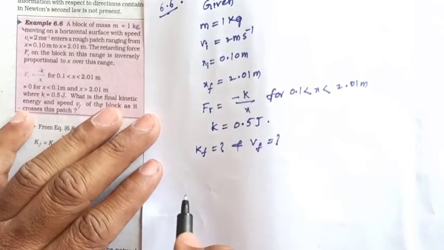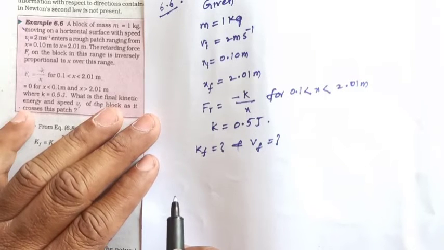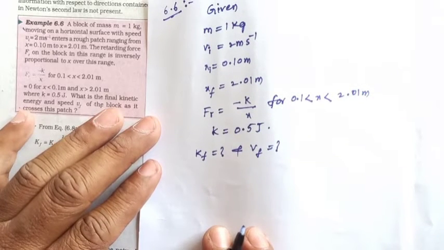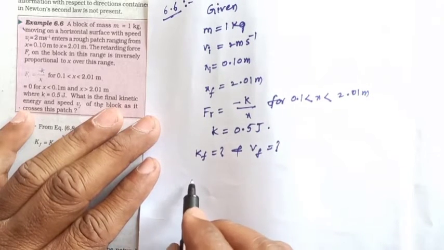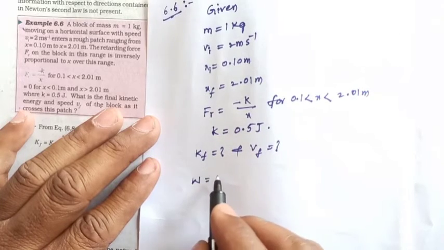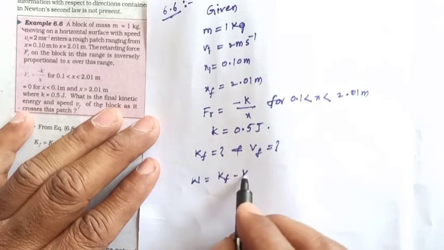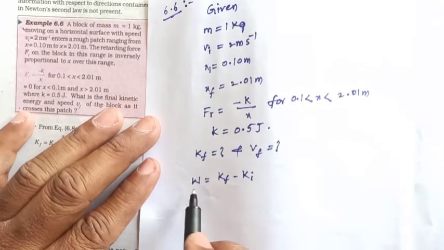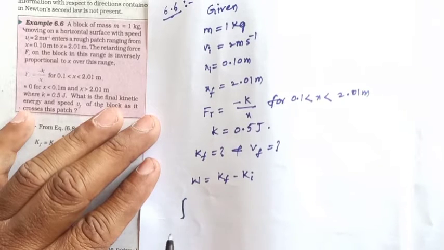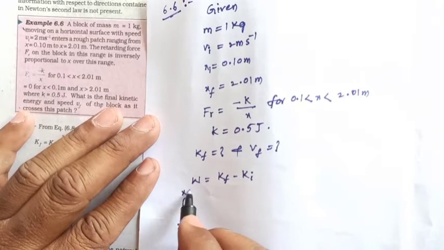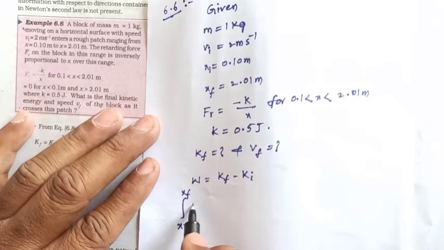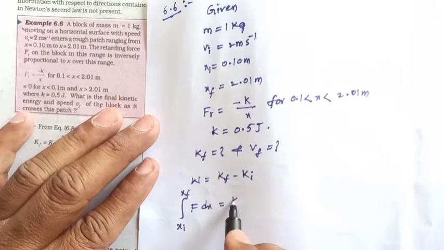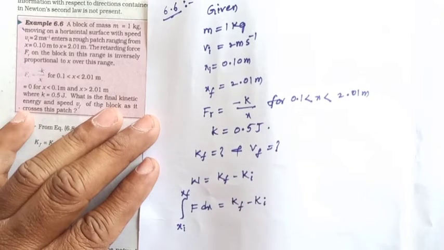For a variable force, the work-energy theorem: W equals Kf minus Ki. The change in kinetic energy equals the work done. The work done is the integration from xi to xf of F(x) dx, equals Kf minus Ki.